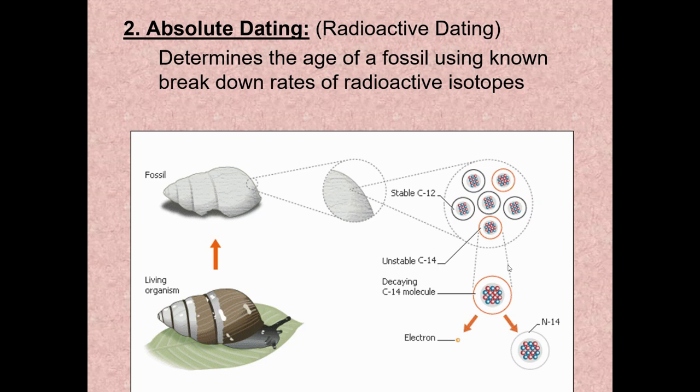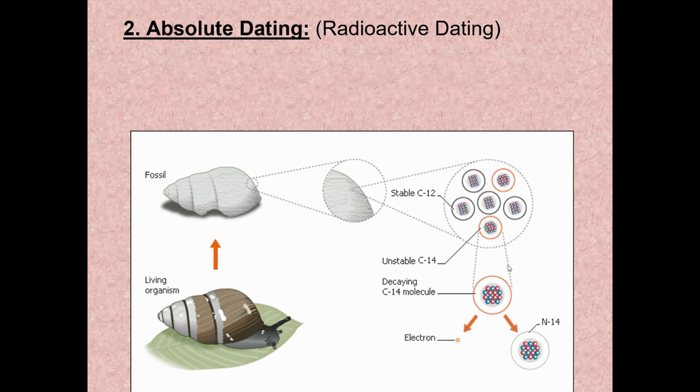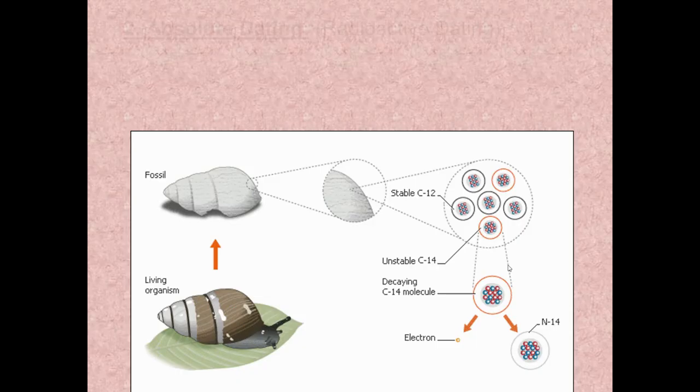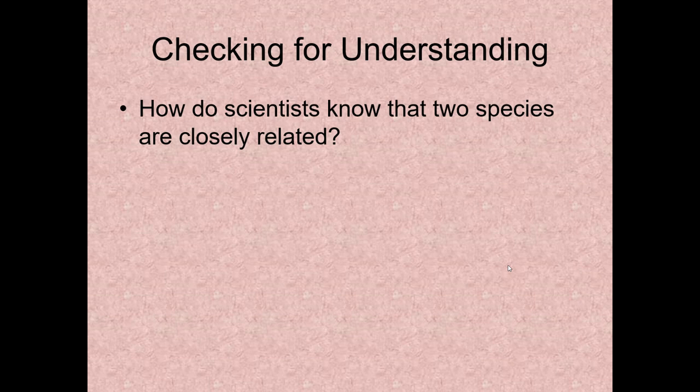So we believe that we have half the uranium that we started with when the world got started. So the world is double that number, almost 500 billion years old. So we could look at something that's dead and look at its radioactive material. One of the ways that I have you remember which one is more accurate is it's not good to date your relative, right? So absolute dating is the better of the two.